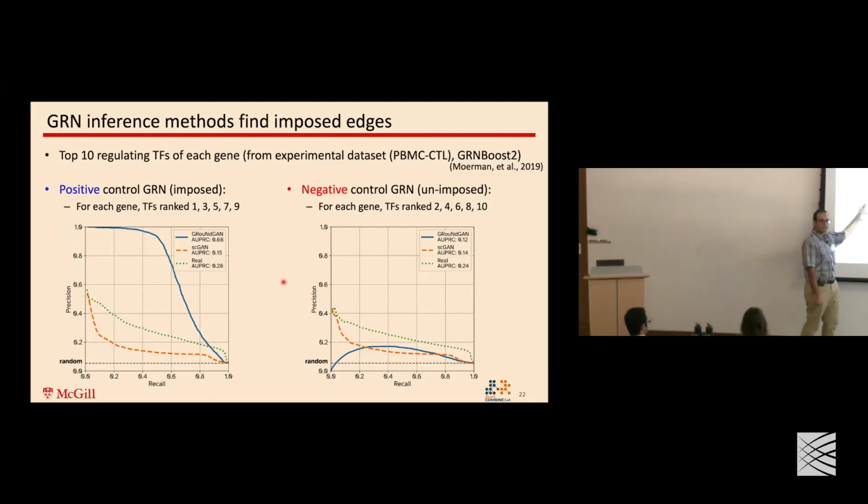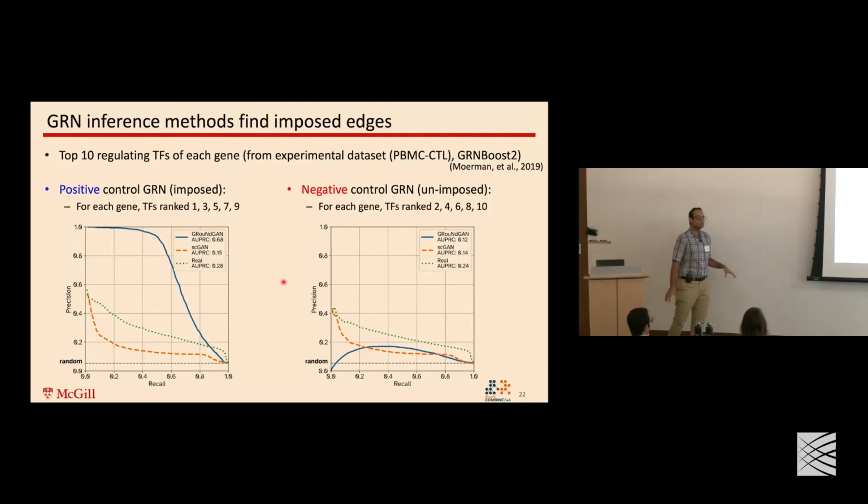So to test and answer those questions, we performed a controlled experiment where we first used GRN-boost2 to find the top 10 TFs for each gene from the reference data. Then for each gene, we imposed the edge between that target gene and the TFs ranked 1, 3, 5, 7, and 9, and did not impose interactions with TFs ranked 2, 4, 6, 8, and 10.